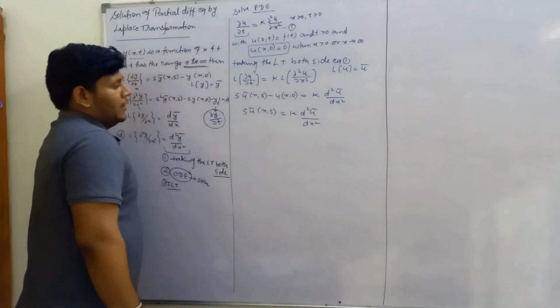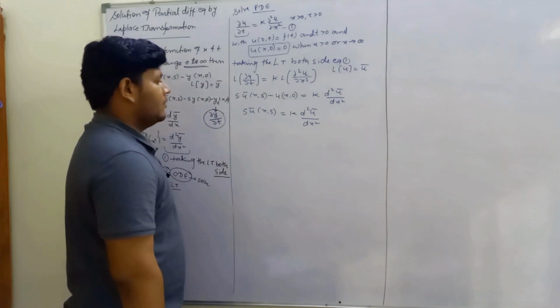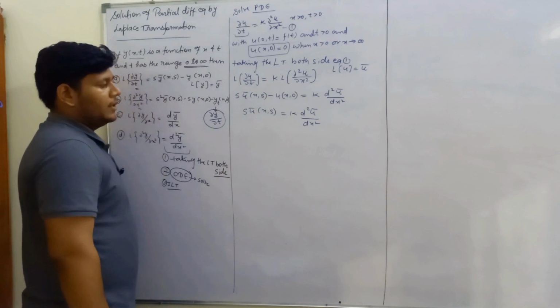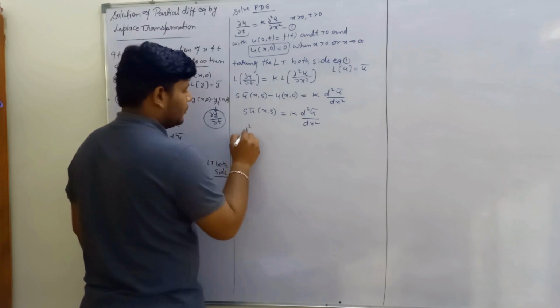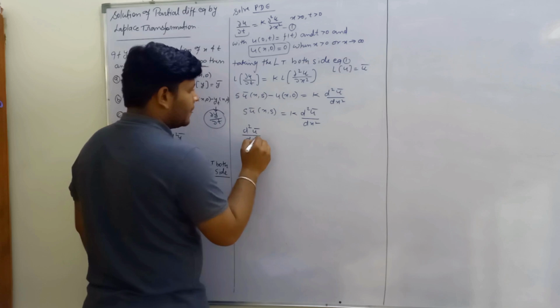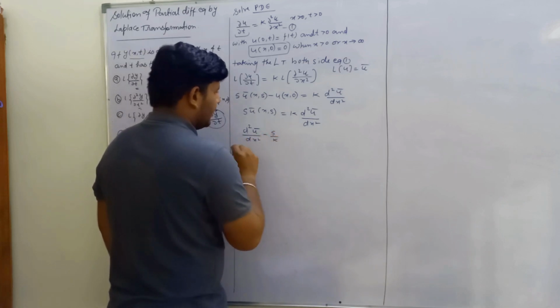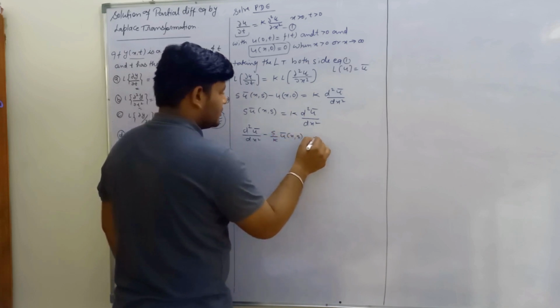Now we have this. This is the differential equation in the form of a constant coefficient equation. You can see d2 u bar over dx square minus s upon k u bar(x, s) is equal to 0.